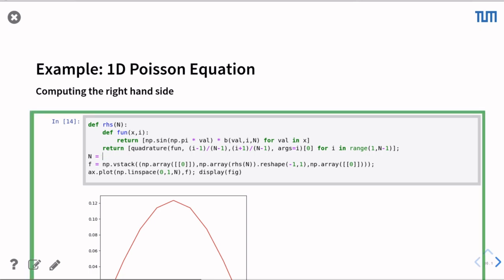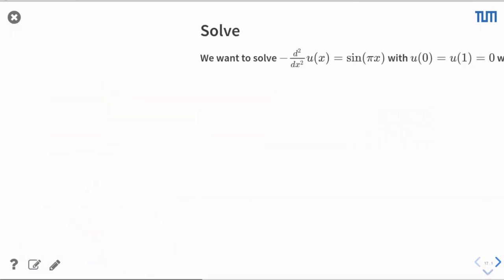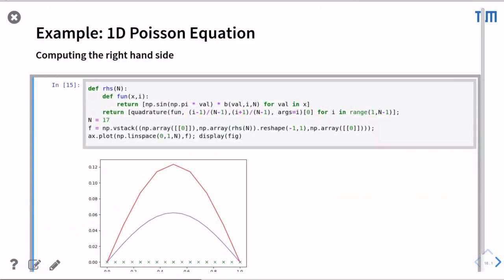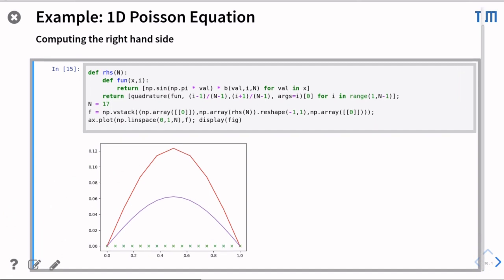And if we chose 17, for example, we'd get even closer. There's a scaling factor in here, as you can see, so the size of these is different.